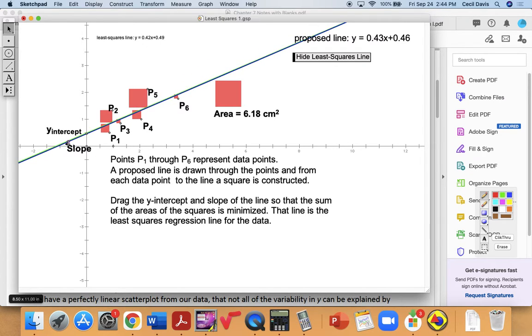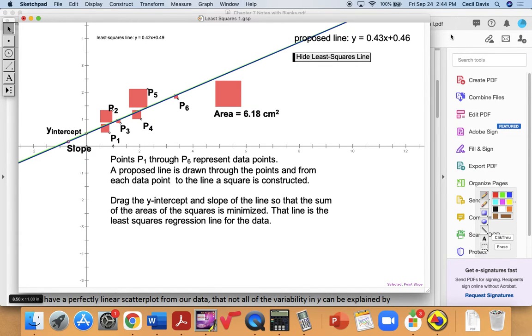You're pretty close. And see how that knocked this one's size down quite a bit, but kept these pretty small? Okay. That's why this is called the least squares regression, or just a linear regression.